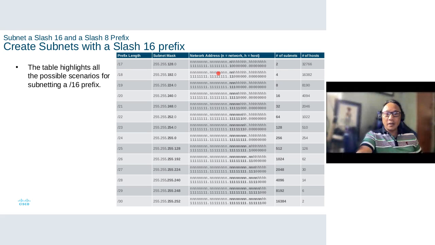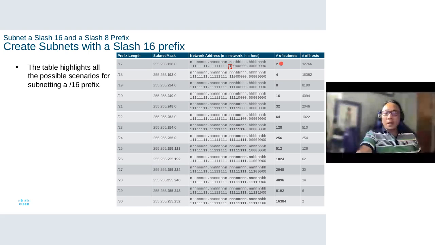But if you use slash 17, that means meron ka lang dalawang subnet na pwedeng gawin dyan. And as you can see on the subnet mask, borrowing one bit on the host portion allows you to have the subnet mask 255.255.128.0. You can see from the illustration that we borrowed one bit from the host portion, and it becomes slash 17.